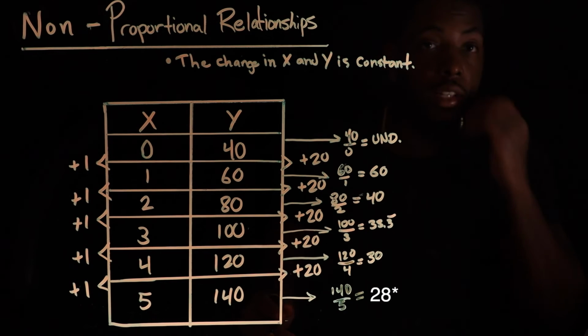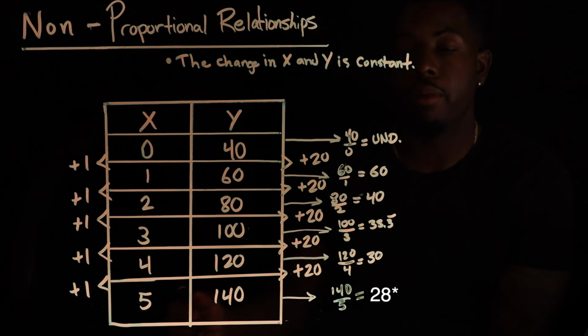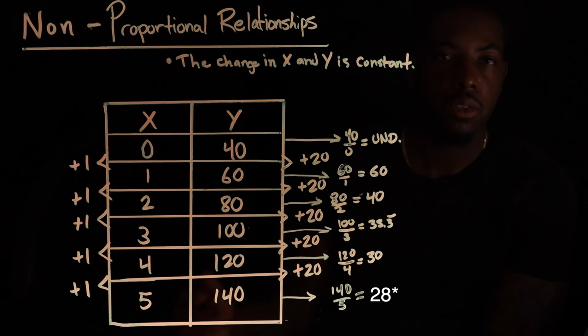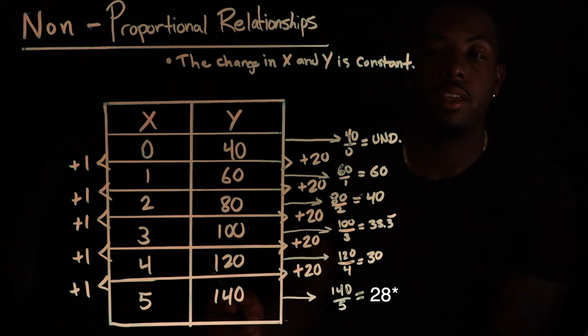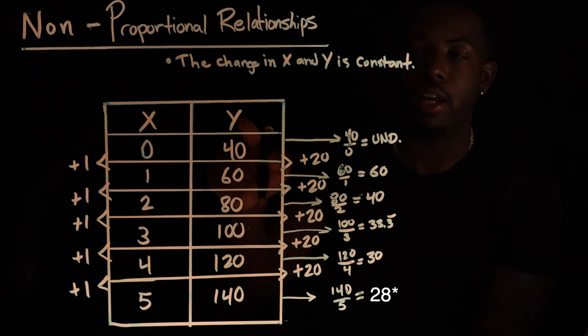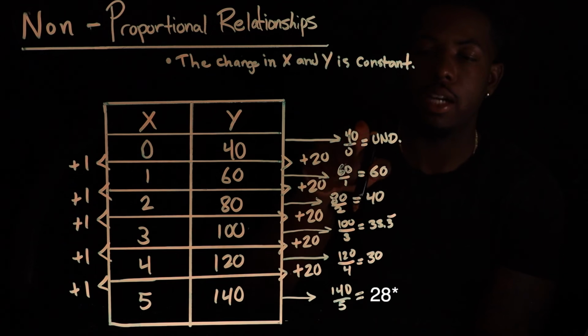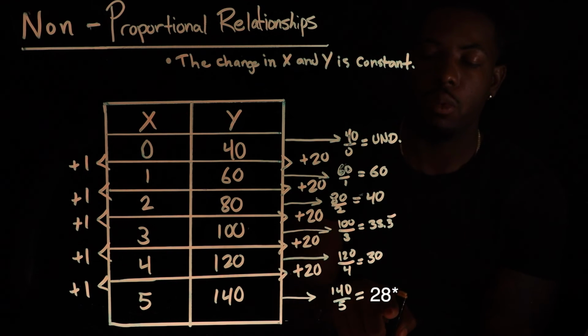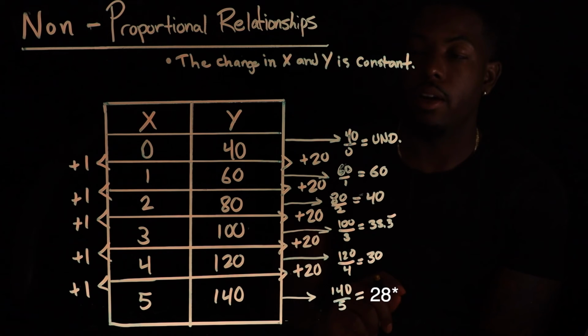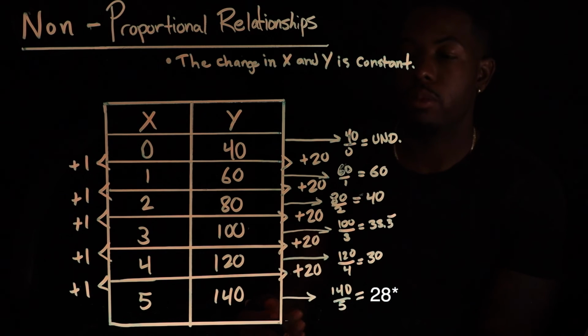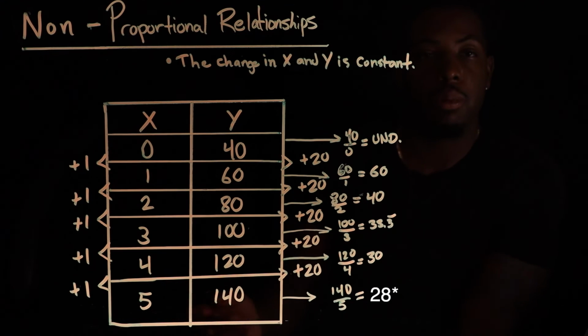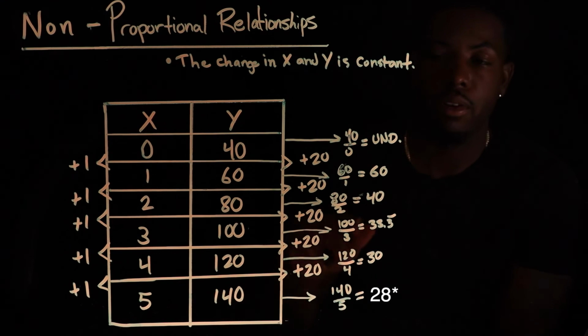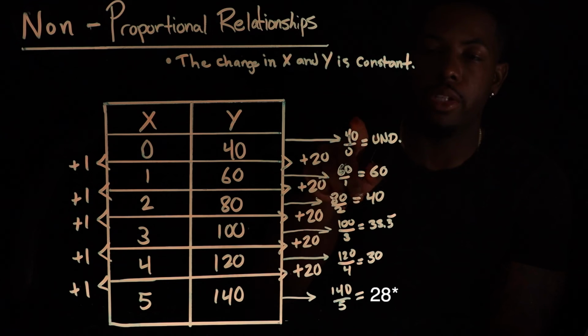So let's go ahead and look down this table. If you recall, in proportional relationships, if the ratio of y divided by x was always constant, was the same as we look down our table, then this would be a proportional relationship. However, look at the ratio of y to x as we look down the table.